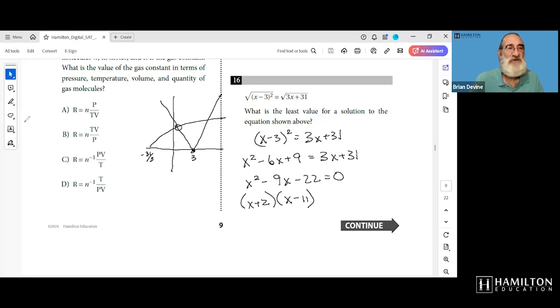Actually, I think my picture was a little goofy. We should have had this like that. There, that's better. Equals 0. So x would be -2 or +11, and -2 is surely less than +11. So -2 is your choice if you want it correct.